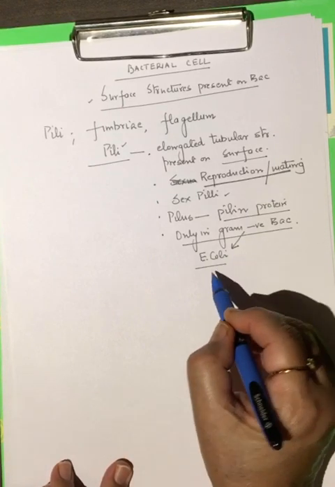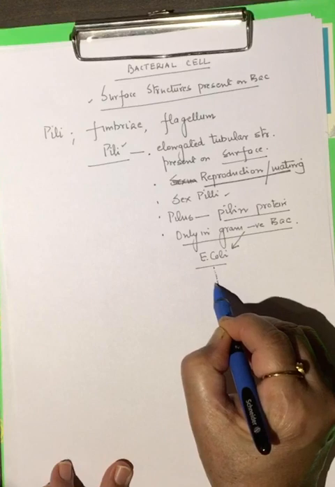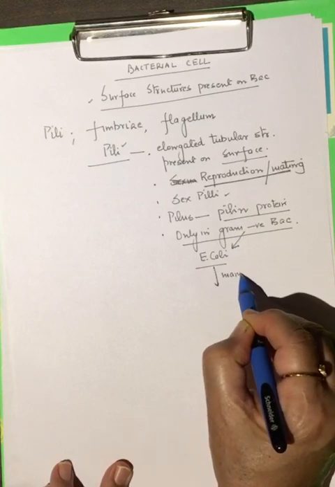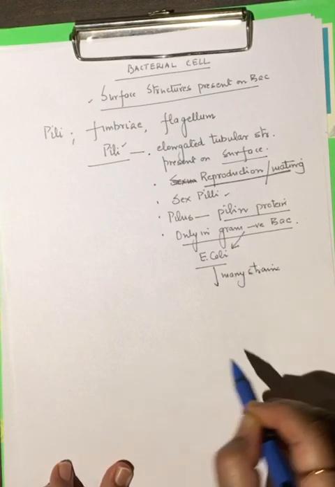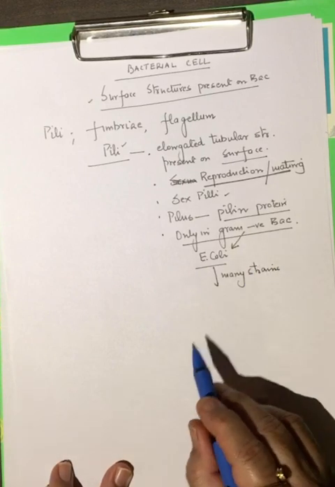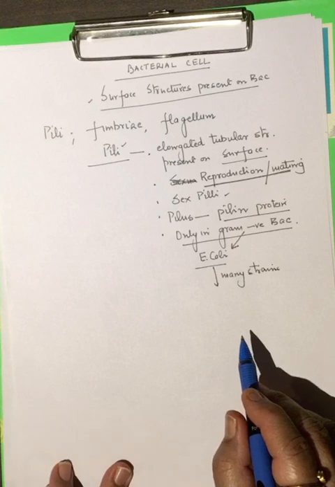E. coli bacteria has many strains, and not all the strains of E. coli have the pili.